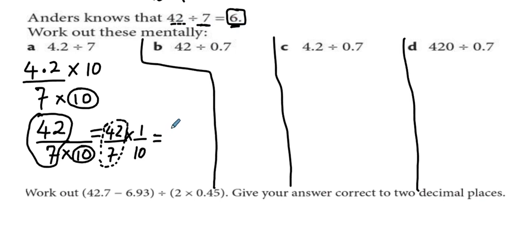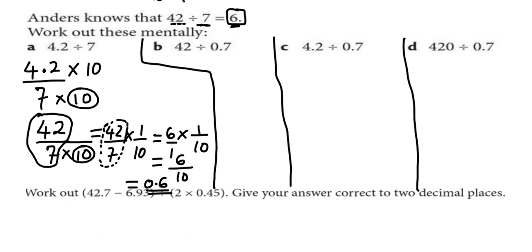So this will be equal to 6 times 1 over 10. Okay. Now 6 times 1 is 6. 1 times 10 is 10. What is 6 divided by 10? The answer is 0.6.